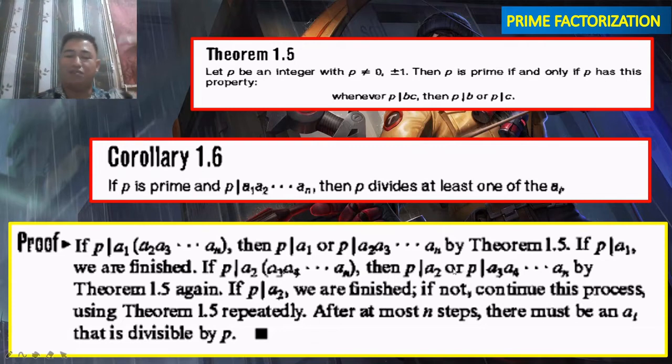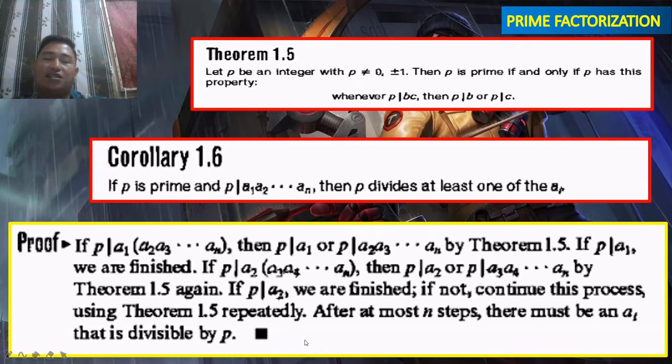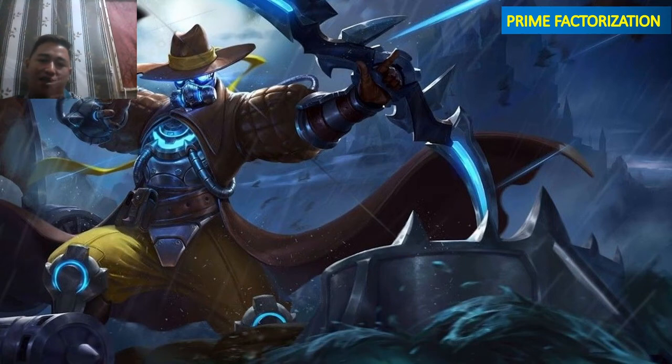Kung dili si A2, didto na si A3. So, after at most n steps, there must be an AI that is divisible by P. Naagid tayo makita nga isa sa mga AI nga divisible by P tungod sa Theorem 1.5.